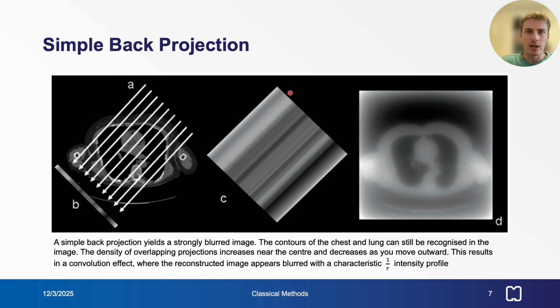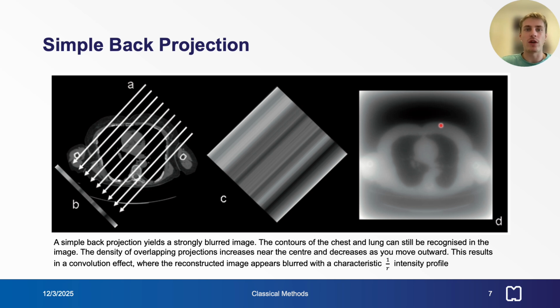So in that middle image, what you can see is this process of simple back projection where each value is smeared along the projection line. And if you do repeat that for a high number of angles, you can obtain the reconstructed image on the right. And although the chest and lungs are visible, you can see this image is quite blurry.